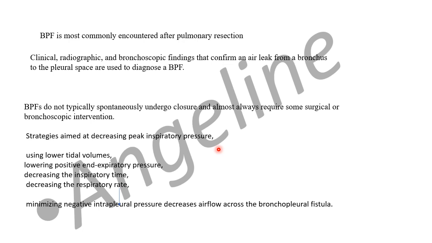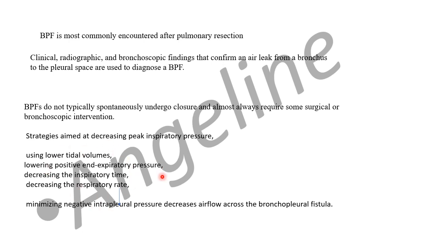Otherwise, it will remain open. So you can use lower tidal volumes. These are the respiratory mechanics which you can tweak to maintain pressures down and leak less till you find some definitive therapy. Lower positive end pressure, PEEP, decrease the inspiratory time and decrease the respiratory rate.